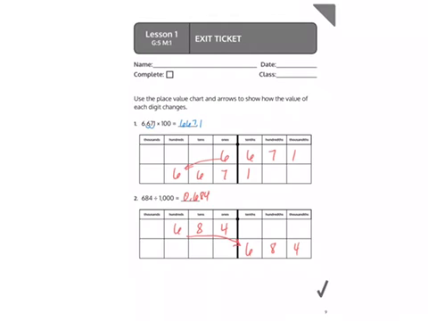One little thing I want you to be aware of is, yes, we are moving these things on the place value chart, but you can also look at this little note that I took here. When I'm multiplying by 100, I see that it's moving this direction, which makes the decimal point go this way.